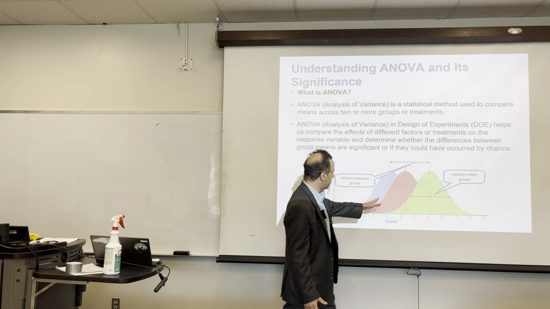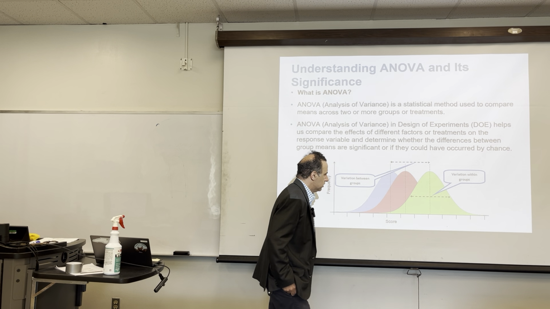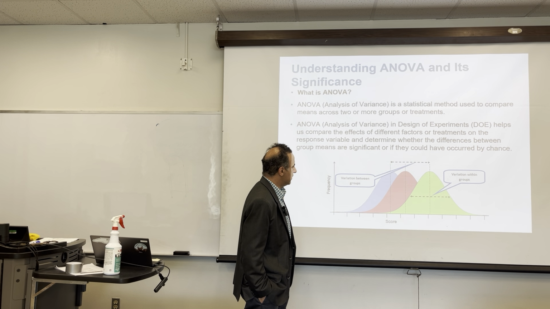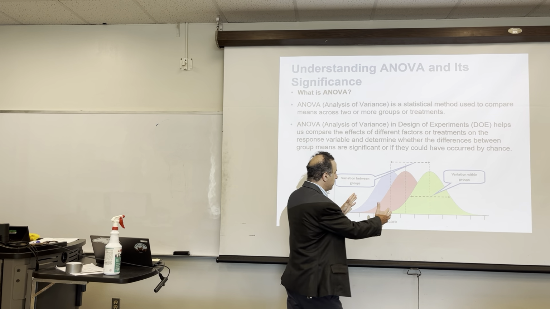So you see, for example, these are the data from, let's say, three machines, and each one is producing a part. Each machine has its own mean value, right? And there is a bell shape for each machine. You can construct it, and then we want to see the variation between them.